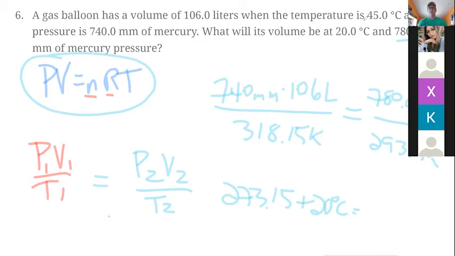So now we can just basically solve for V2. All we have to do is multiply each side by 293.15 K and divide by 780 millimeters.